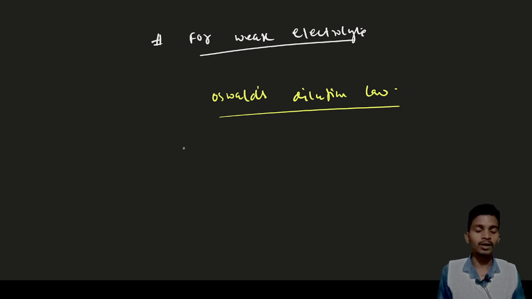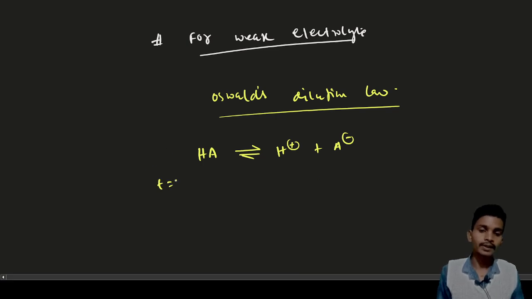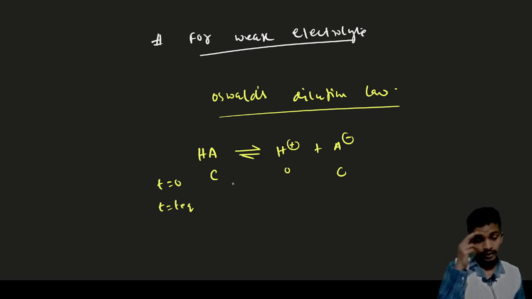If you take any weak electrolyte, let's say I am taking HA, a weak acid, then this will dissociate into H plus and A minus, because this is a weak electrolyte, so it partially dissociates. At t equal to 0, before any reaction, the concentration C is there and no dissociation has occurred. At equilibrium, alpha will dissociate, a very small amount. We already discussed this in chemical equilibrium and ionic equilibrium.